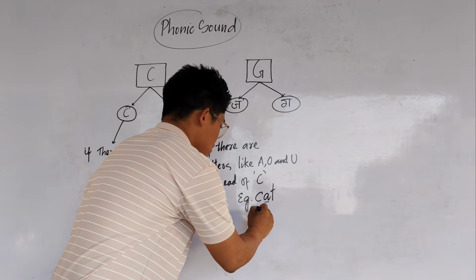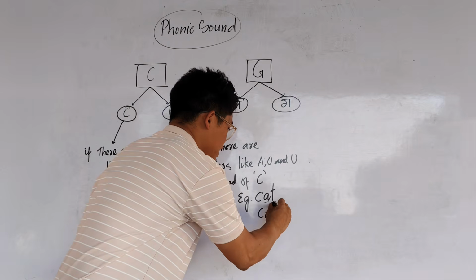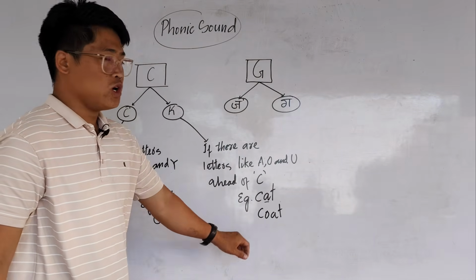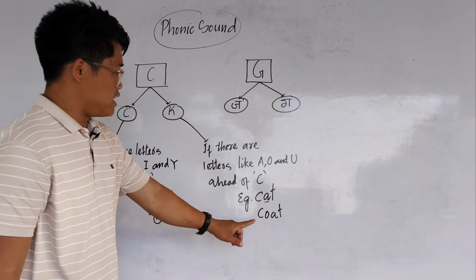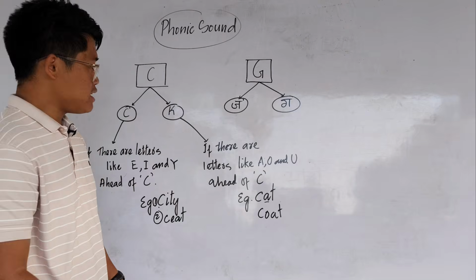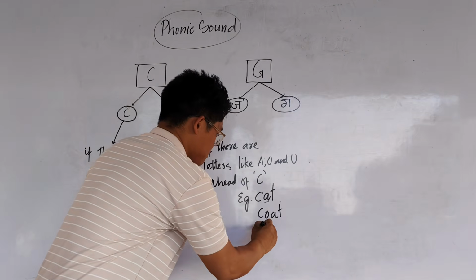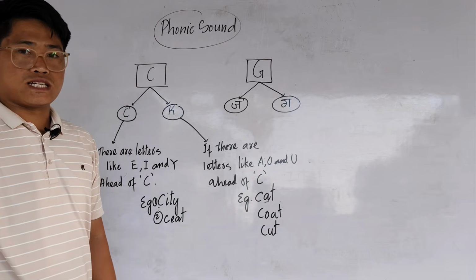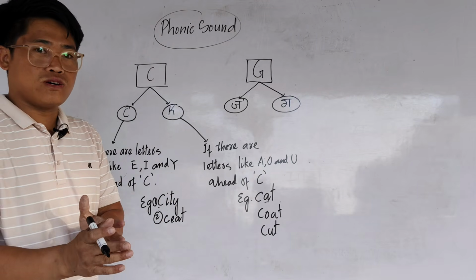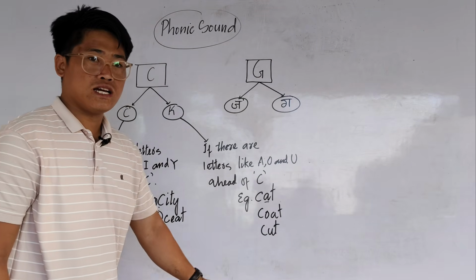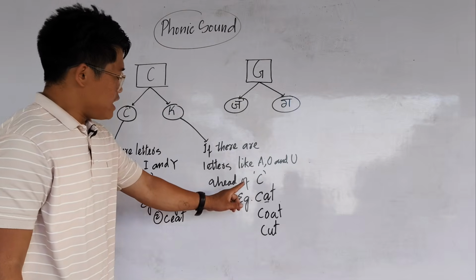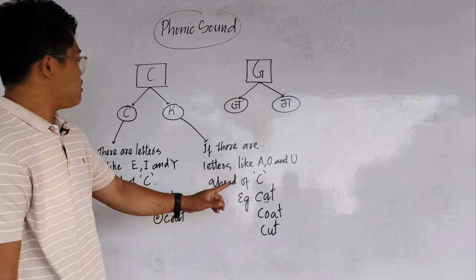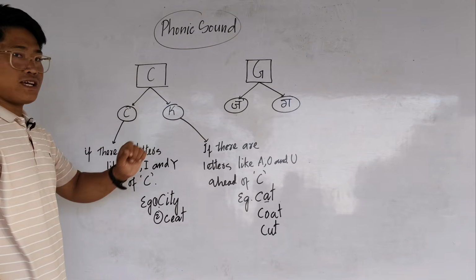Another example, C-O-A-T, how do you pronounce this? Cot. It is not sot, it is cot. Another example is C-U-T. Cut. It is not sut, it is cut. So these are the pronunciations of C and K.